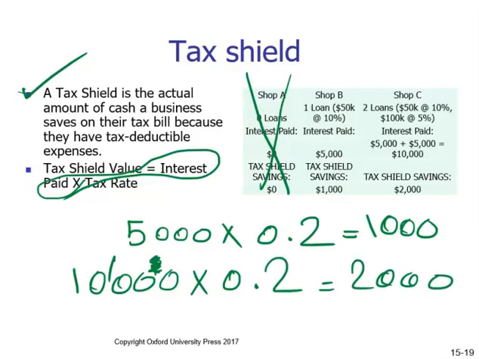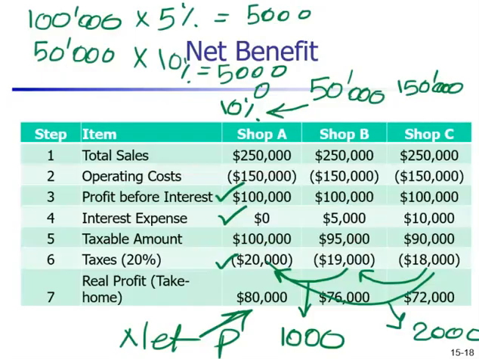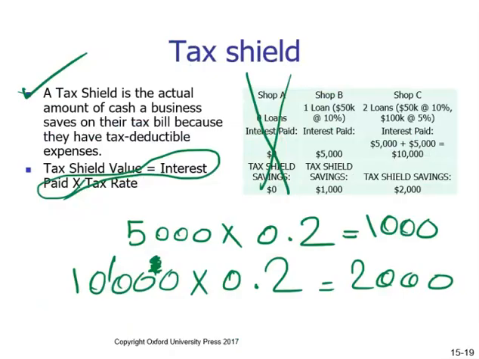So you see how you can do the calculation in two different ways, but the results would be the same. So here we have the results for tax shield, the amount of cash a business saves on their tax bill because they have tax deductible expenses.